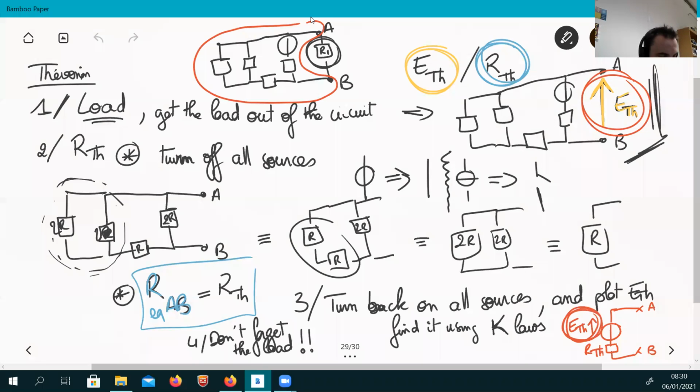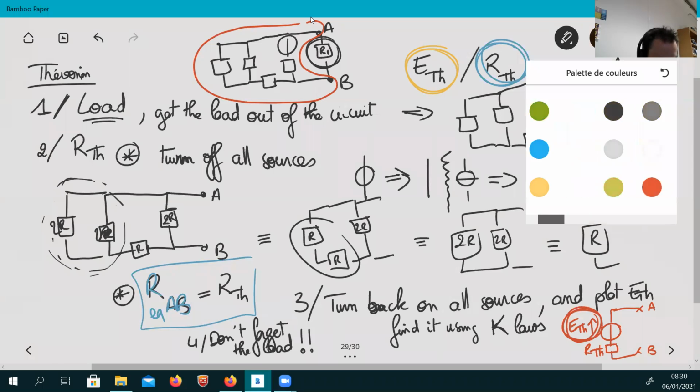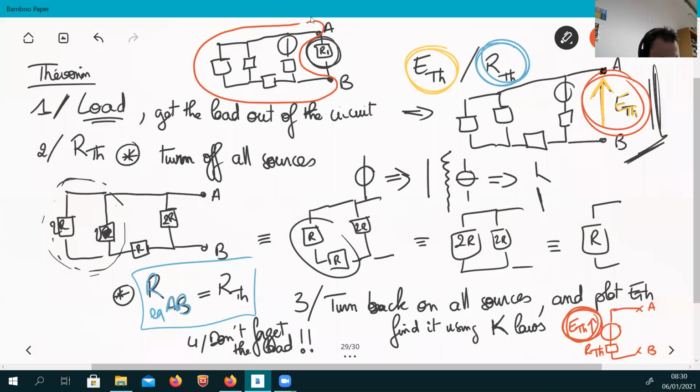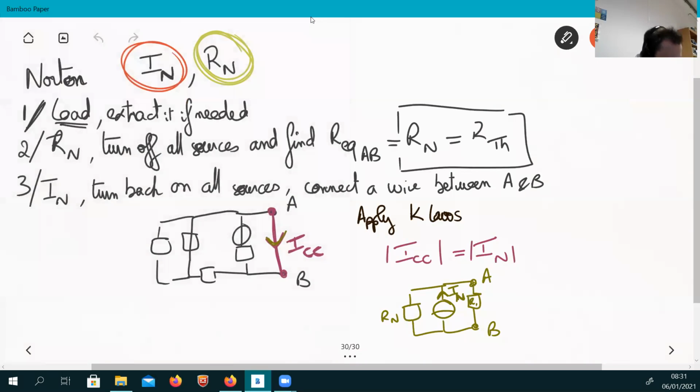When you look for ITH between A and B, here you see that A and B are not connected, which means that the current between A and B, so the current flowing through our load previously, equals 0. Okay, this is quite important. So back here, nothing to add here.